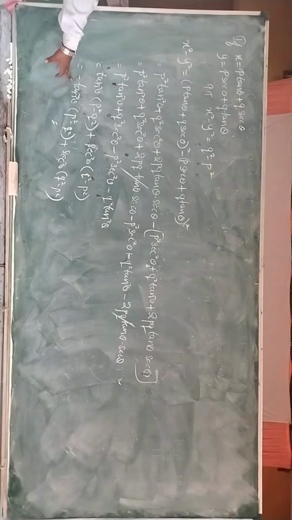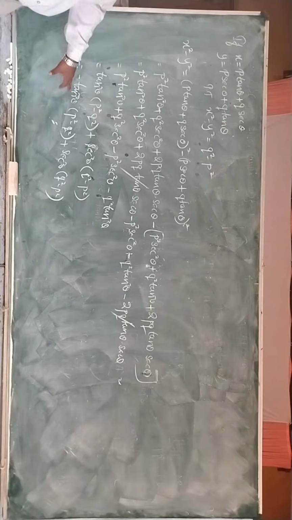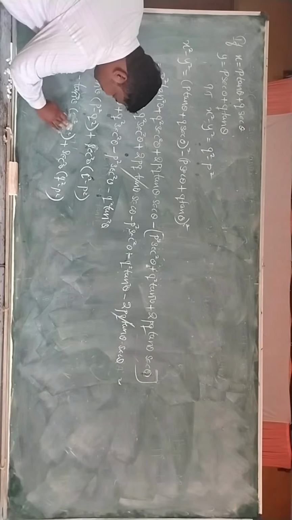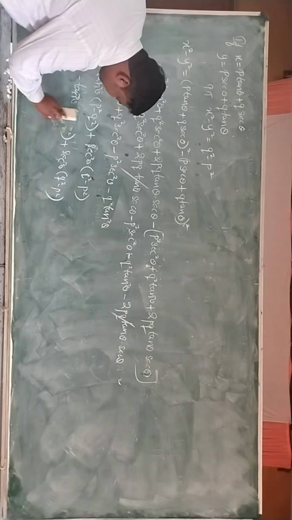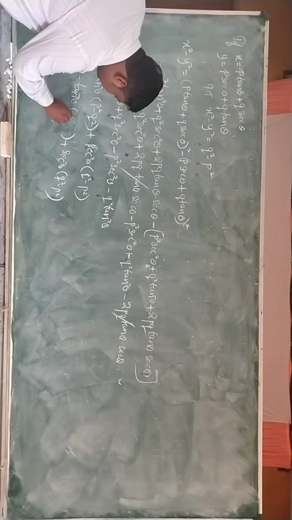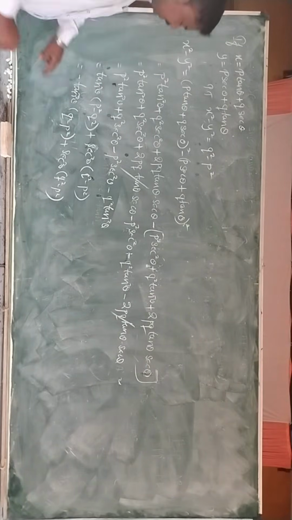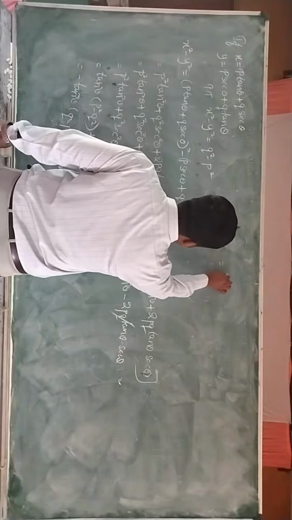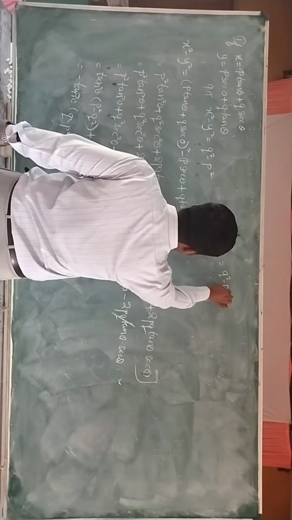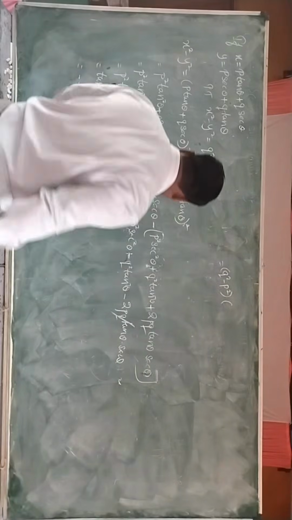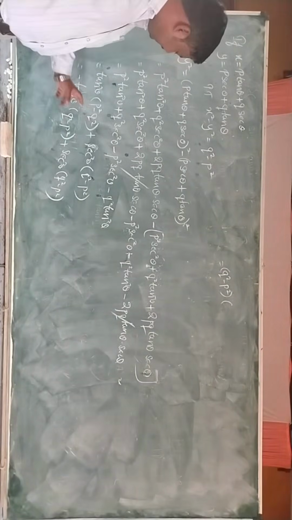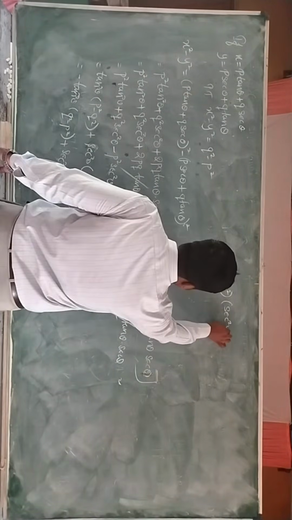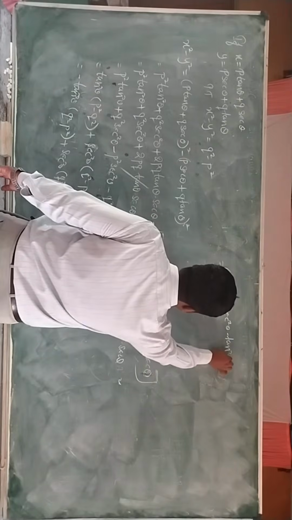See here, minus tan square theta into (p square minus q square) becomes tan square theta into (q square minus p square). Taking q square minus p square common again, the remaining term is sec square theta minus tan square theta.